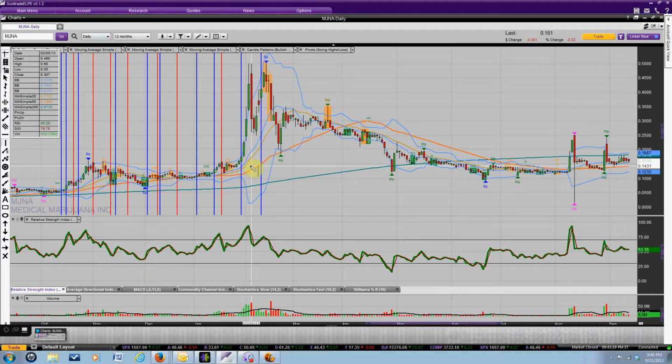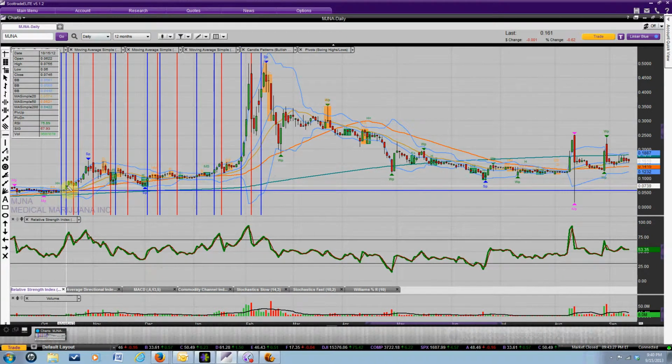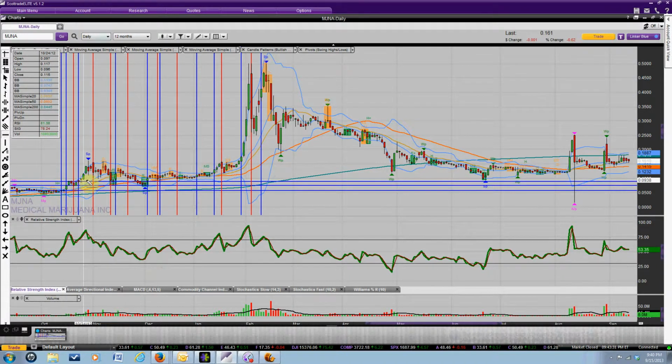Now you'll see here as I mark these lines, I'm going to go back now and I'm going to mark on the close of where different buys were. And as we do this, you'll begin to see, using the same system, where the associated sells would have been.